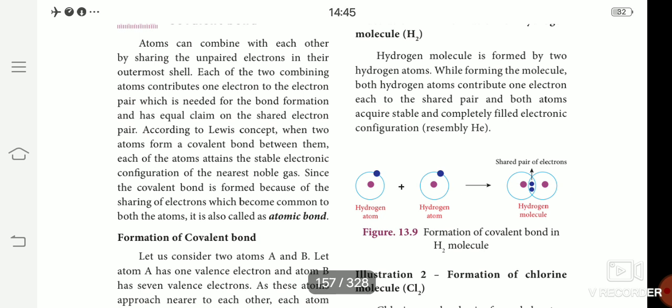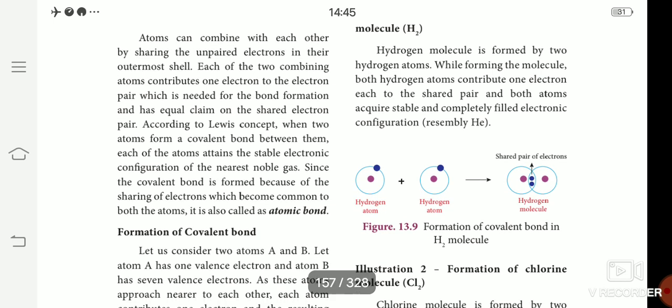So each hydrogen has two electrons. Two hydrogen atoms combine to form a hydrogen molecule, and this bond is a covalent bond.